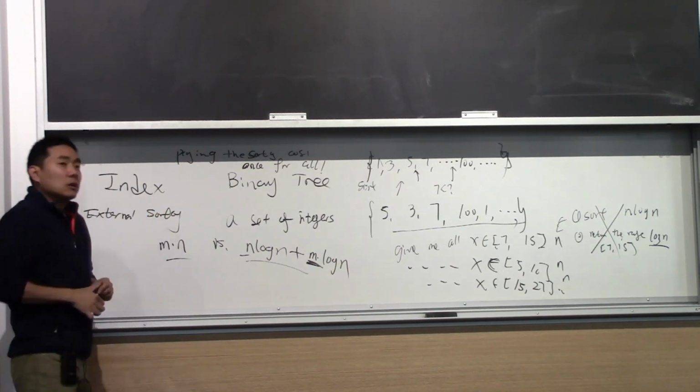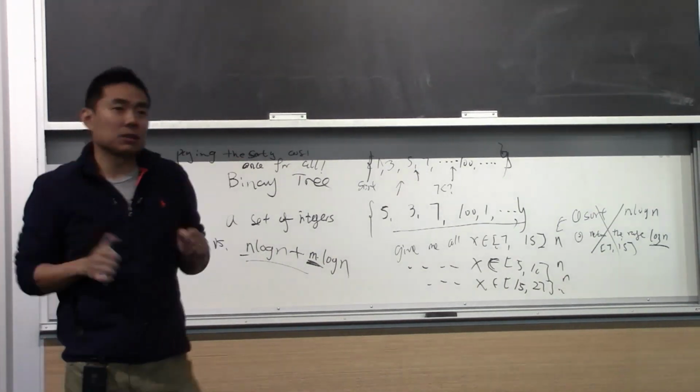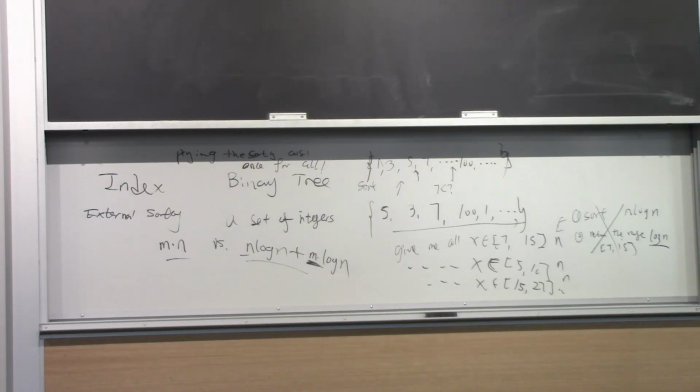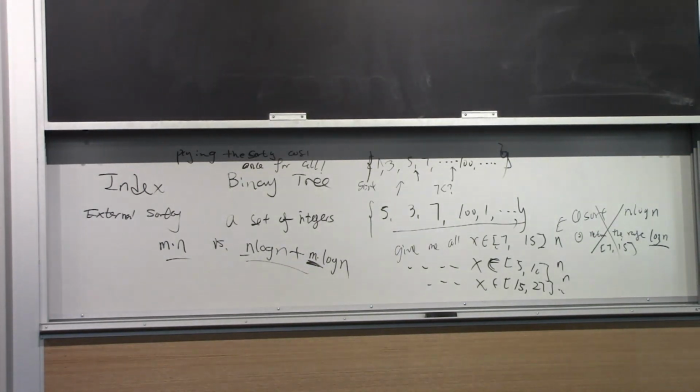The idea is you don't sort based on item. You sort by page. So this n is no longer the number of records you have, but the number of pages you have. Number of pages is way smaller than number of records you have.